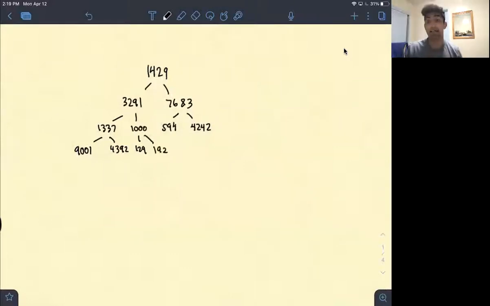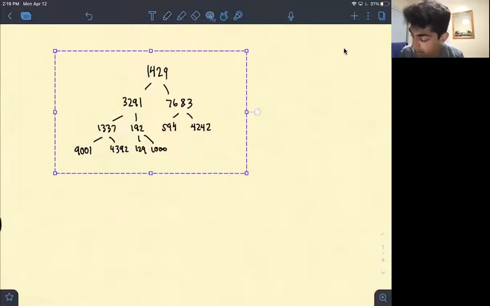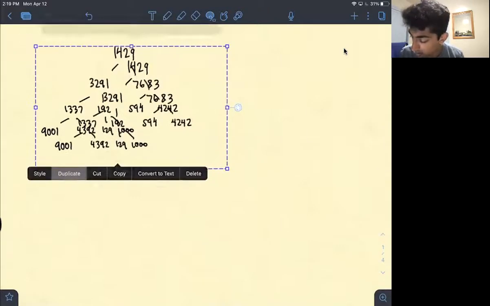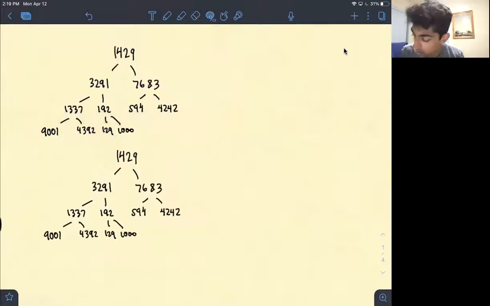Right? Because after bubbling down 192, we're creating a max heap, so 1000 fills the void. Okay? So I'm going to create a duplicate here just so we can see the change over time. So the first change that we did is 1000 and 192 swap.